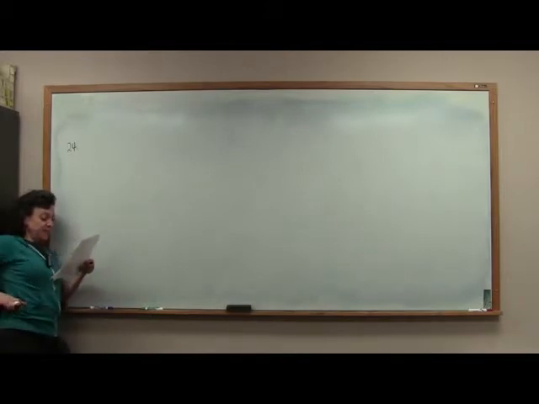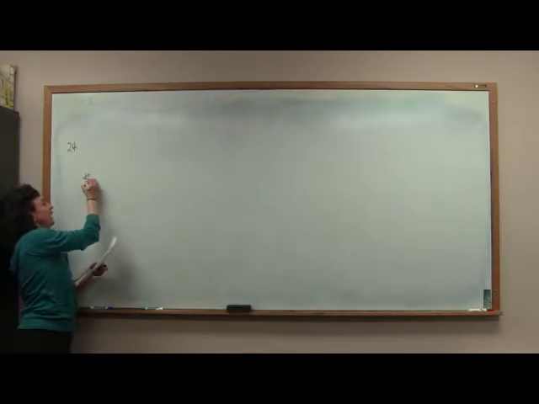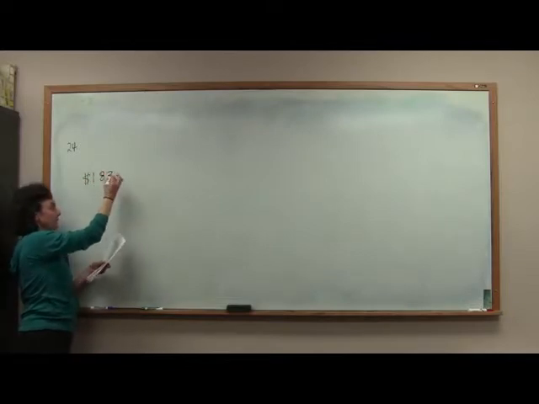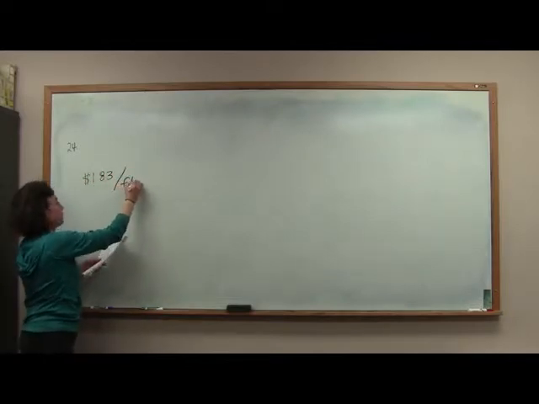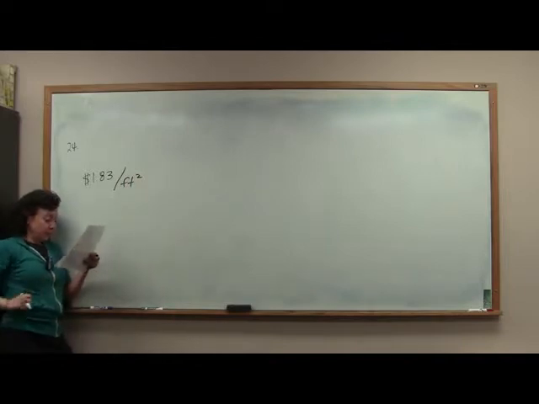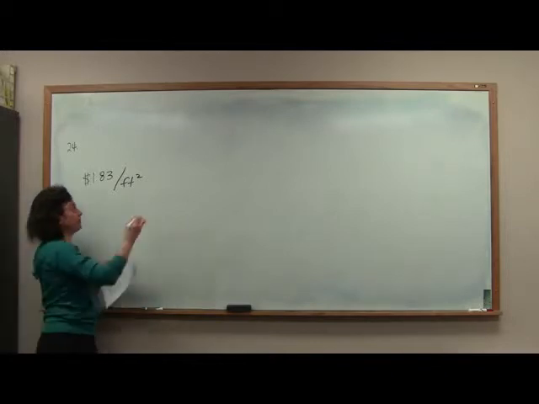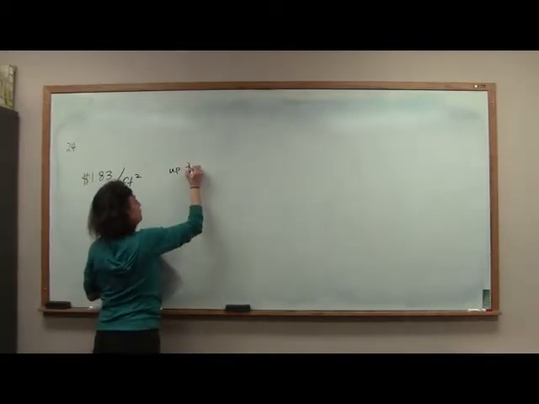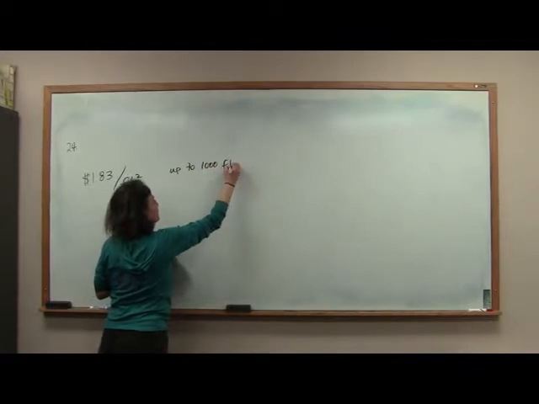It says a floor refinishing company charges $1.83 per square foot to strip and refinish a tile floor for up to 1,000 square feet. So up to 1,000 square feet.